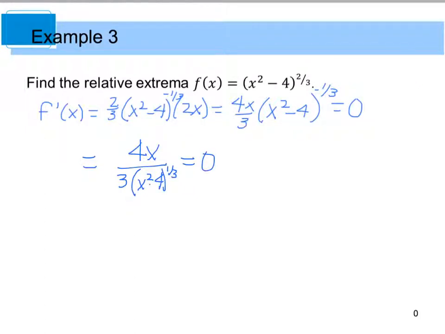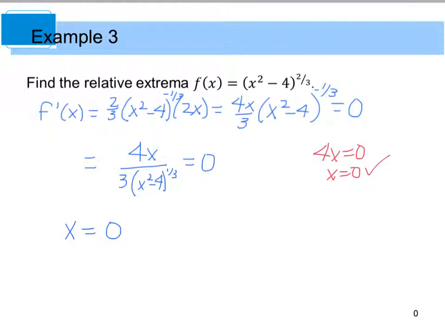Now the reason I wanted to rewrite this is because if I set this equal to 0 and solve for x, I'm able to identify the fact that x equals 0, because if I multiply both sides by this denominator, that's going to clear it out, so then I'm left with 4x equals 0, therefore x equals 0.